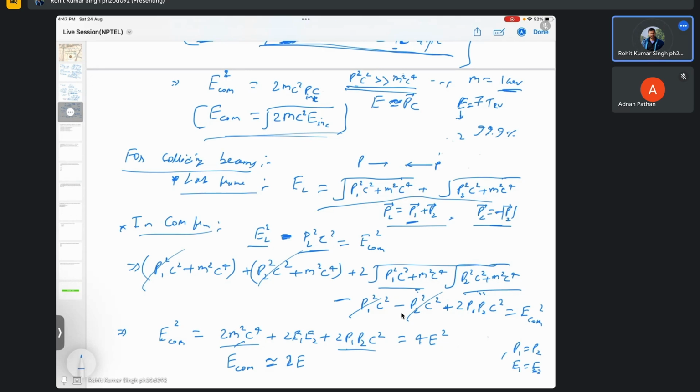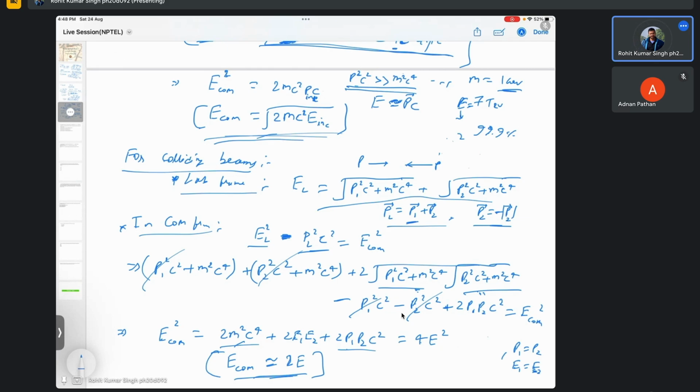Okay, so now you see the difference. For the colliding beam, it is just 2 times the energy of each beam, but here you have a square root dependence on the incident beam energy. So this is very interesting, right? That's why colliding beams are preferred.